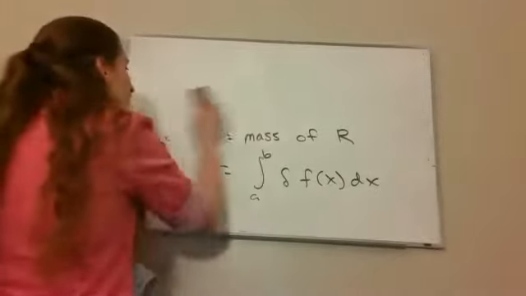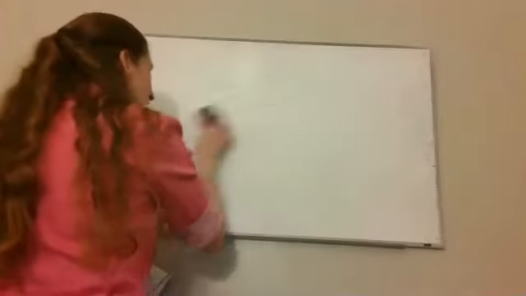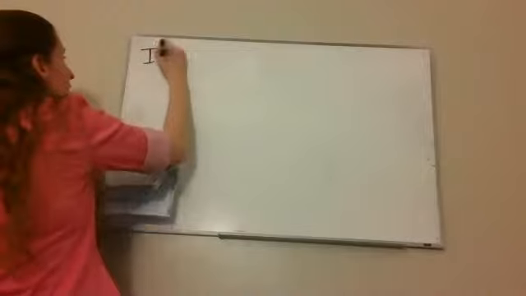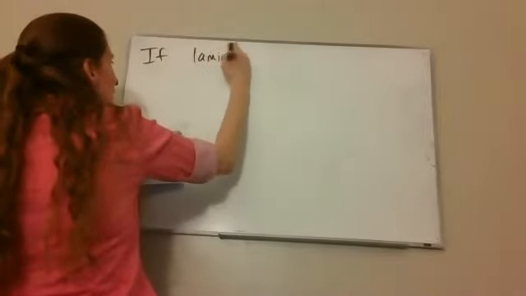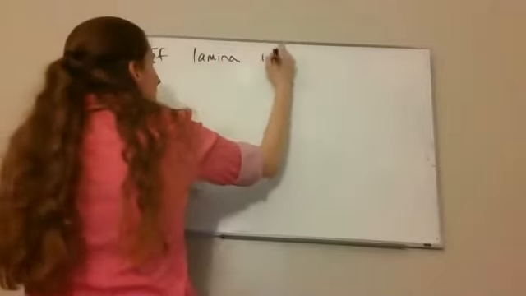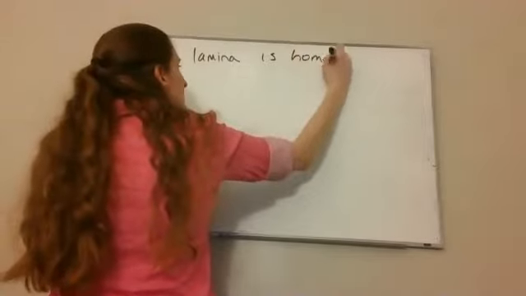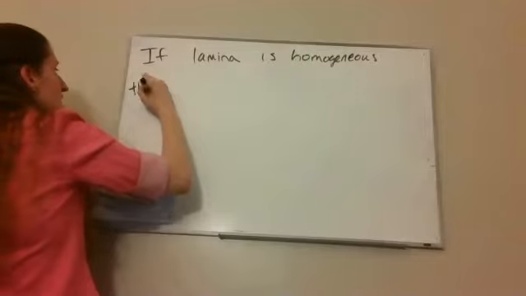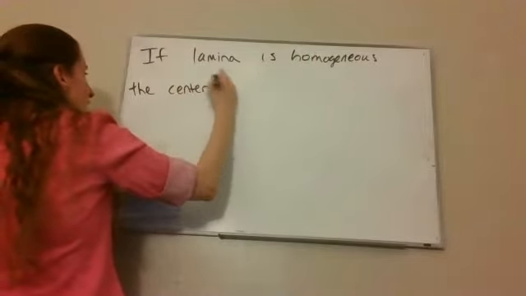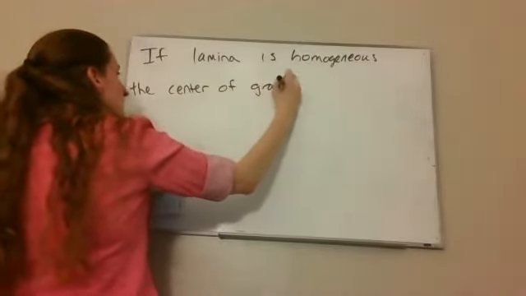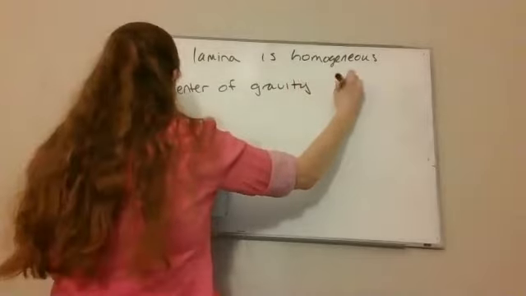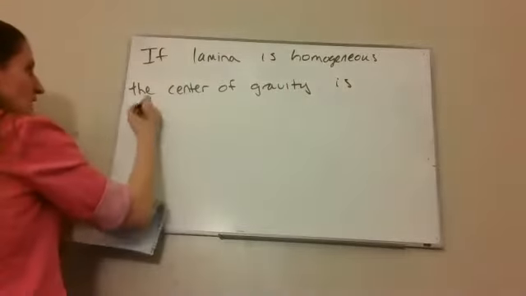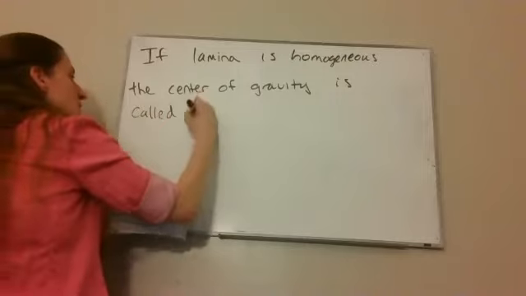So the formulas I just gave you here were a general case, but if the lamina is homogeneous, which all of ours will be, then the center of gravity is called the centroid.